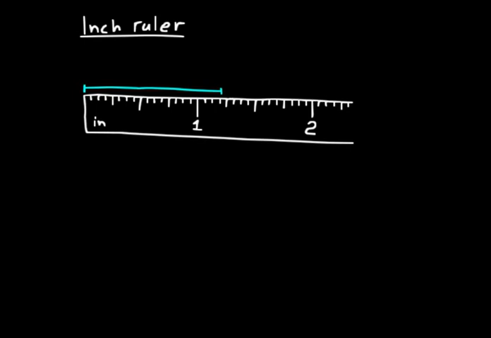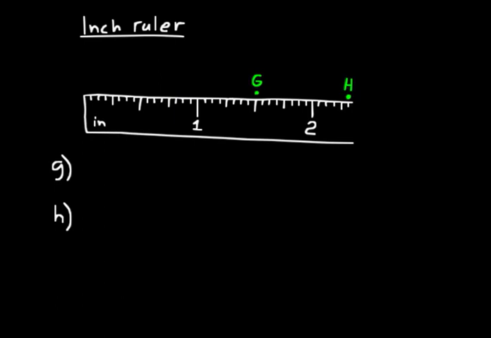So start from the 1 inch, and so you'd have 1 and 1/16, 2/16, 3/16. So you'd write this as a mixed number, 1 and 3/16 inches. Remember, we said mixed numbers have a whole number part and then a fraction part as well.